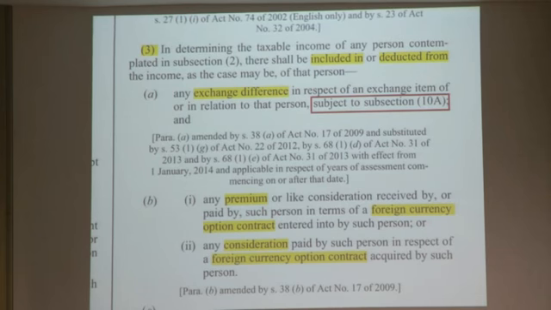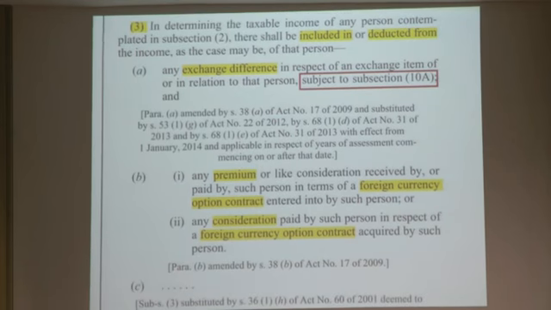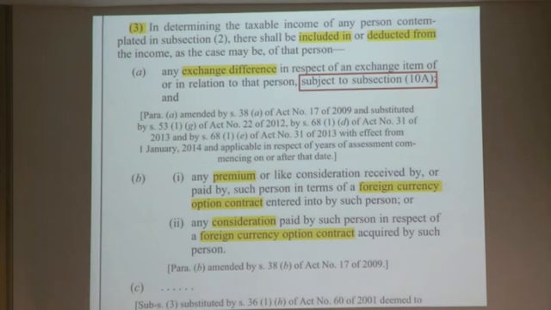And if it is a gain, you tax it. If it's a loss, you deduct it. There is a special rule, subsection 10 capital A, that we will get to, because that rule wants to postpone it only until it's realized. So we'll get to that one. And then the second part is when I deal with foreign currency option contracts. It's not forward exchange contracts, very important.